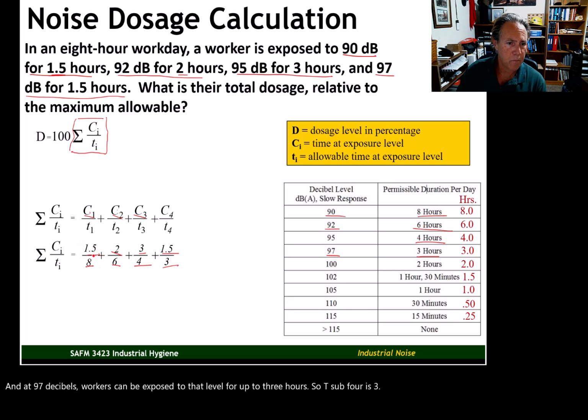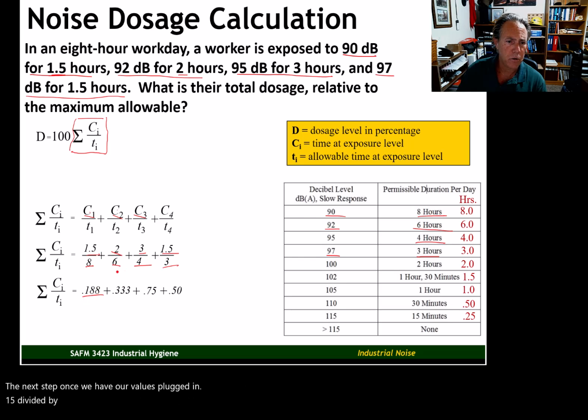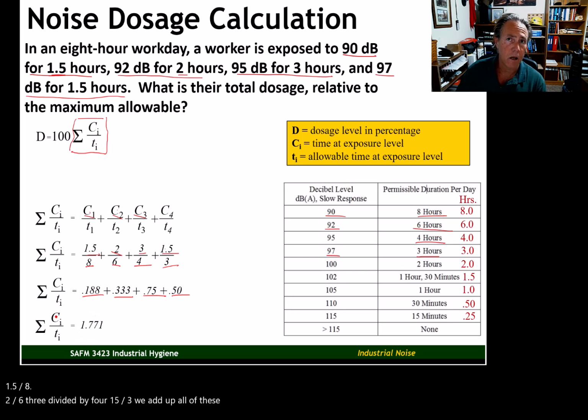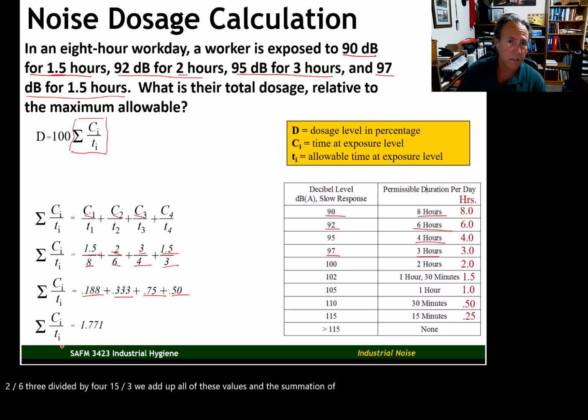The next step, once we have our values plugged in, 1.5 divided by 8, 2 divided by 6, 3 divided by 4, 1.5 divided by 3. We add up all of these values, and the summation of C sub I divided by T sub I is 1.771.